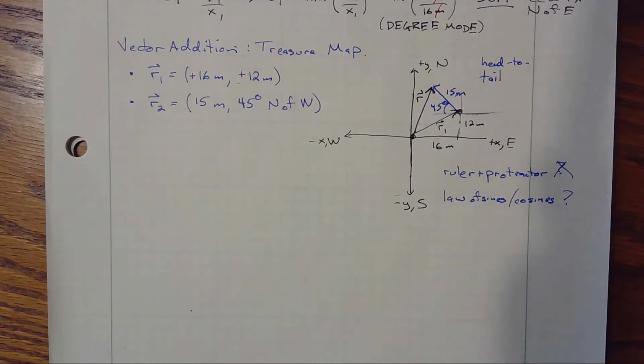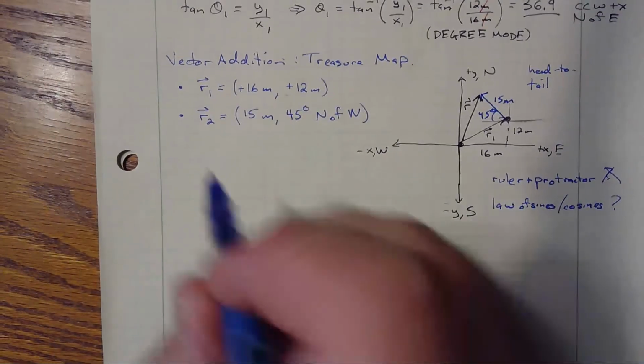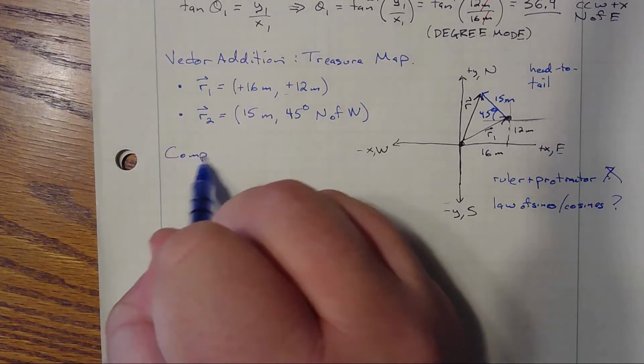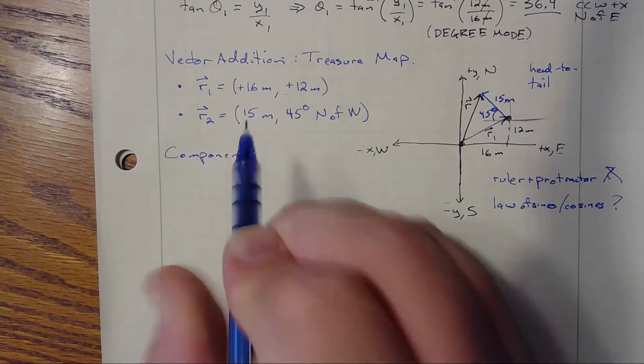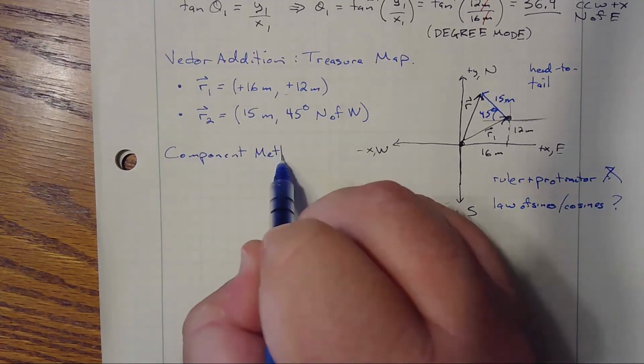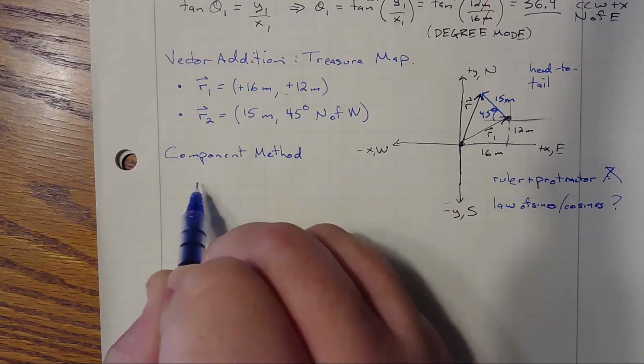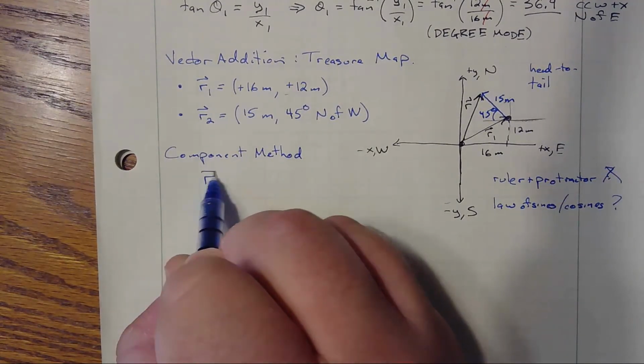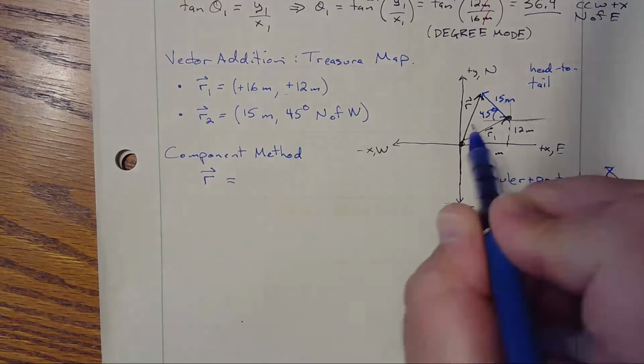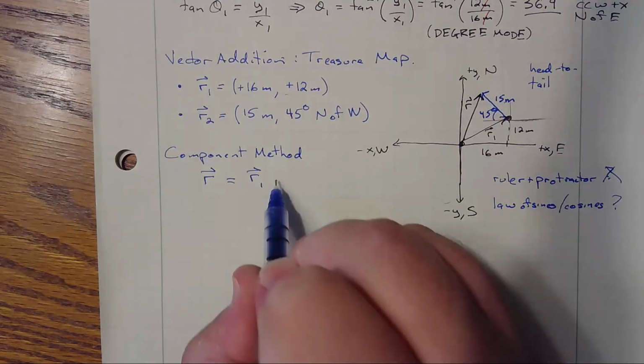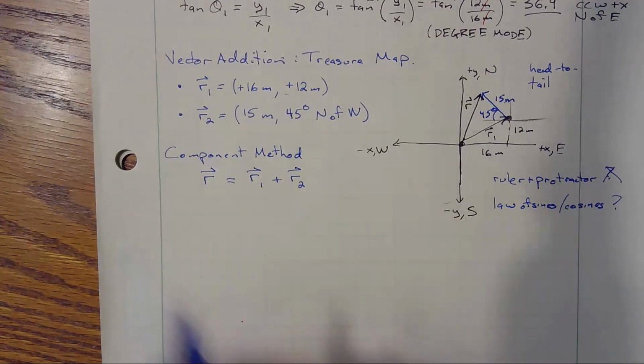So what we are going to focus on is the component method for adding these vectors together. How the component method works is, if I have a vector expression, I'm saying my overall vector r is equal to r1 plus r2. That's the vector addition we're doing here.